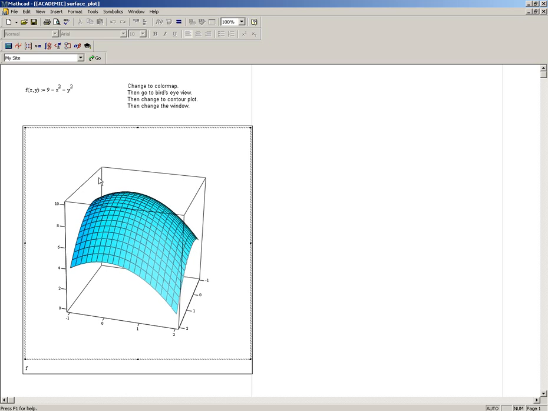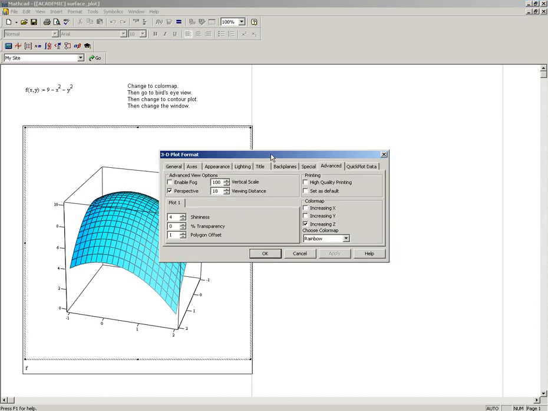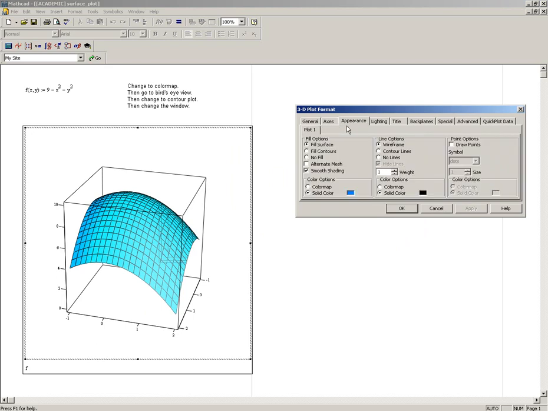And so what we can do with a surface plot, like I said, is that it can be drawn in many ways. For example, I could change from solid color, which is really nice to make images that look really nice in three-dimensional, to color map. What that does is it gives us a plot that is more like the plot that we have seen for the physical map.